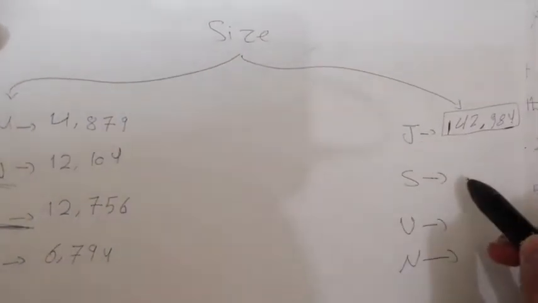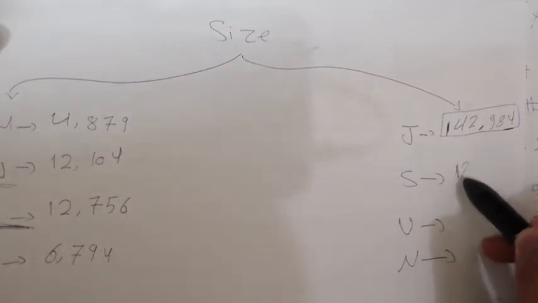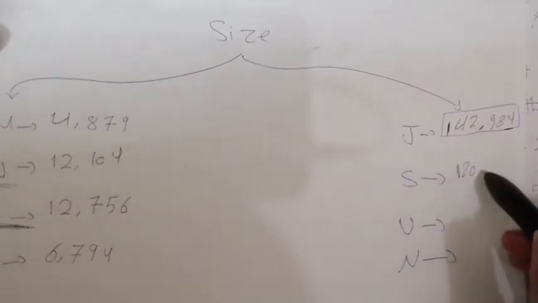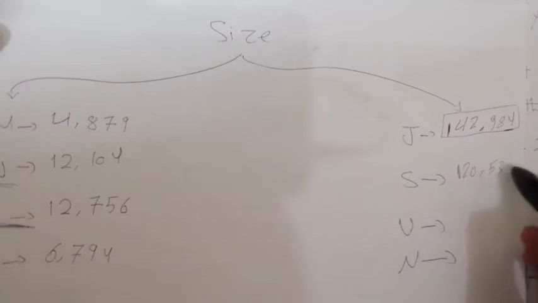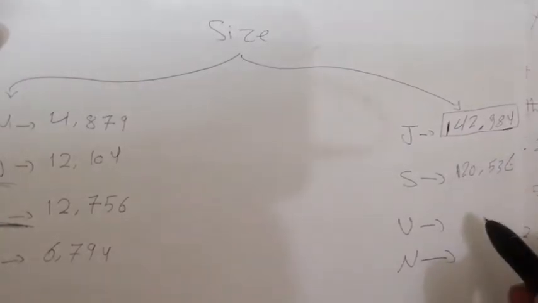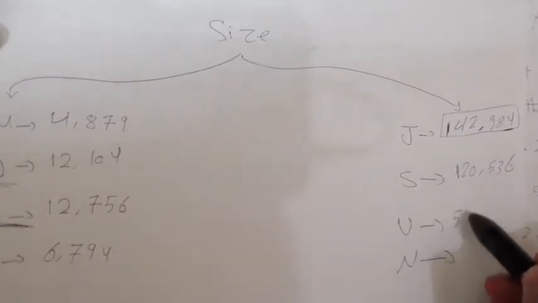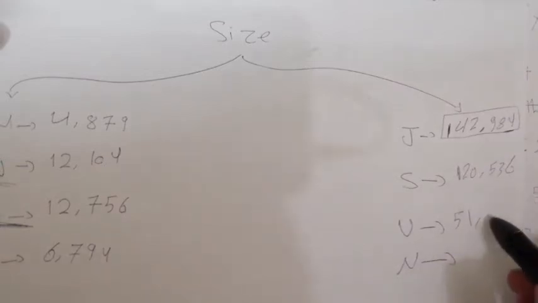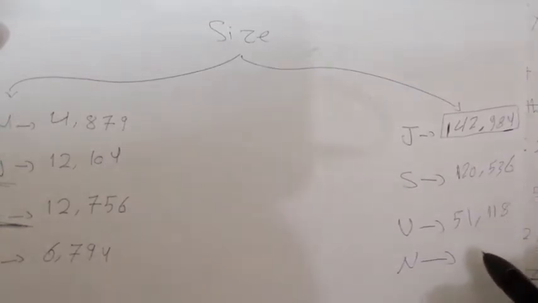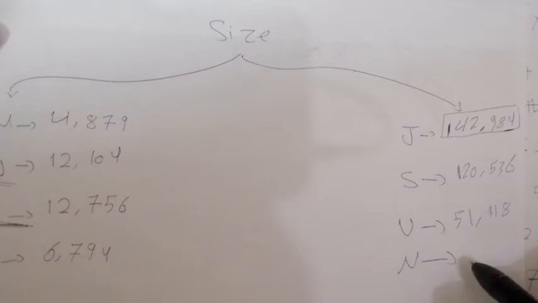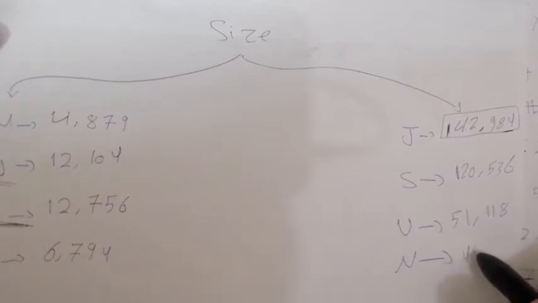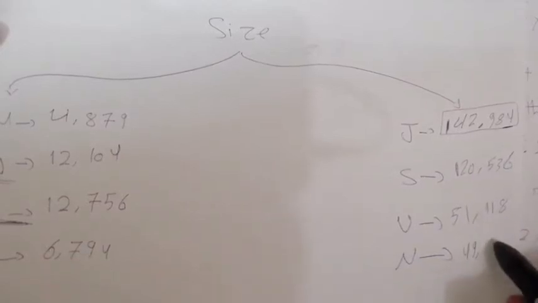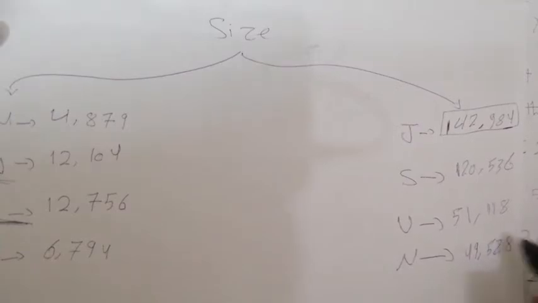Saturn, second, 120,536. Uranus, 51,118. And Neptune, 49,528.